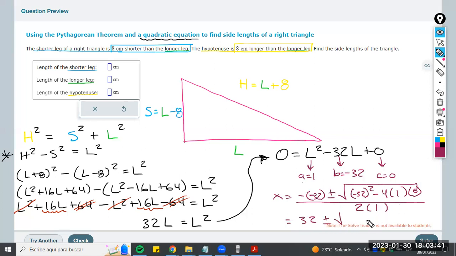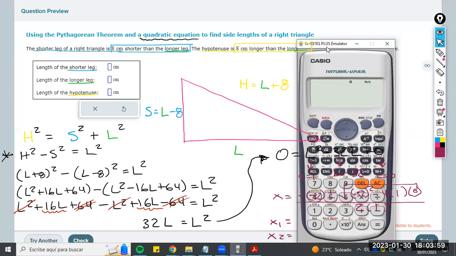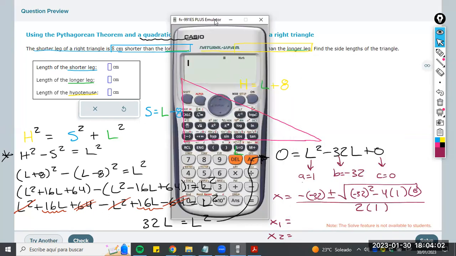You can input this in the calculator. Actually, I'm going to put it in the calculator. Wait a second. Okay, this will give us x1 and x2, right? Okay, now let me put everything in here.